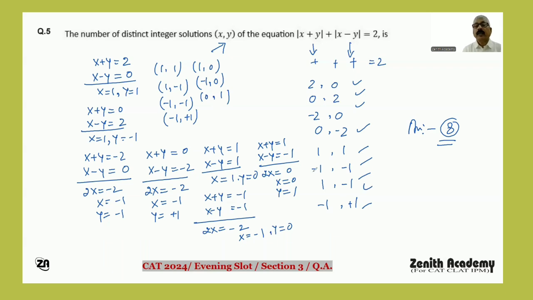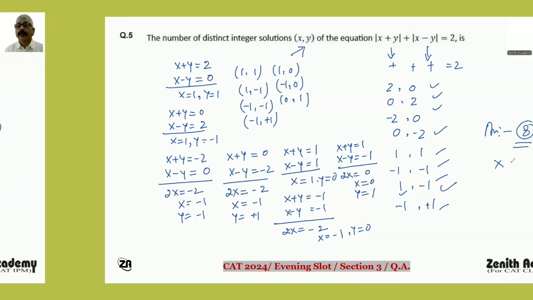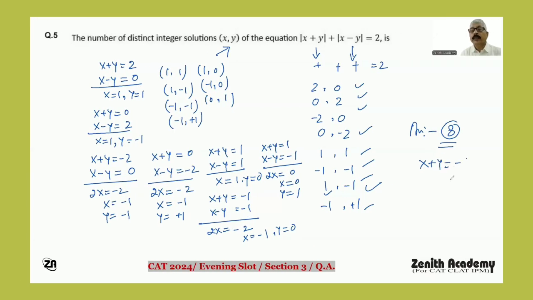Similarly, if I take x plus y is minus 1 and x minus y is plus 1, then 2x is equal to 0, x is 0 and y is minus 1. So this is 0 and minus 1. So these are 8 cases, 1, 2, 3, 4, 5, 6, 7, 8.